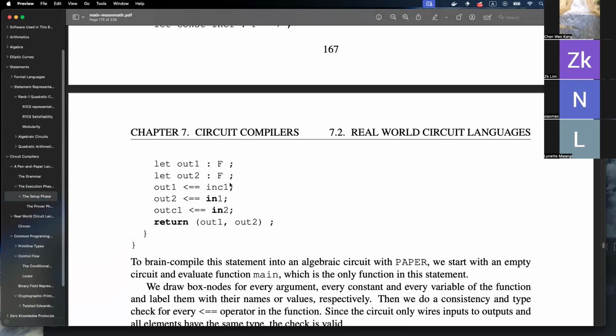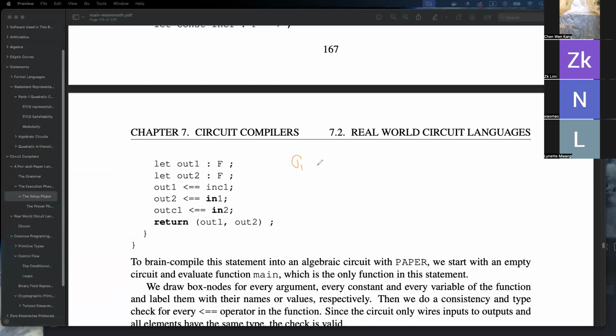So essentially the statement would be, let's try. If you want to convert this into R1CS, let's look only at the constraints, because that's the important part. Let's mark this as S, out1. We recall R1CS is A times B minus C, and we want to convert all of this.